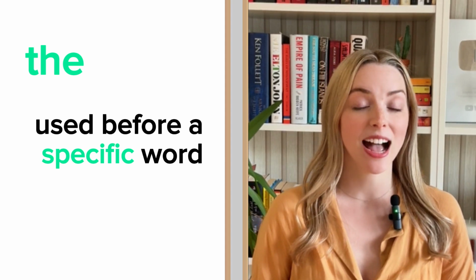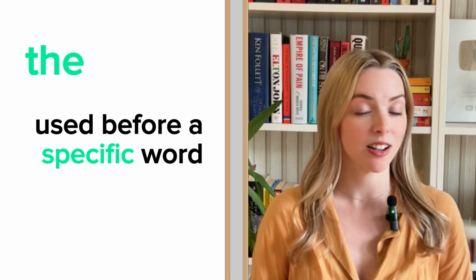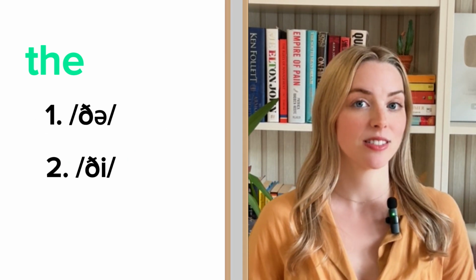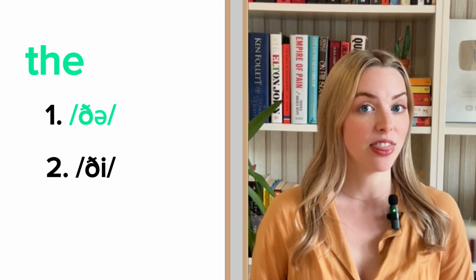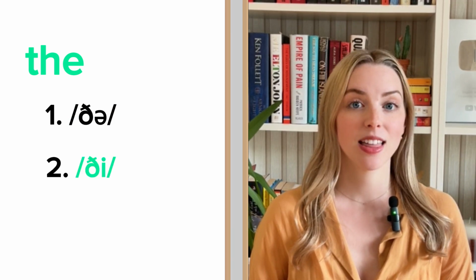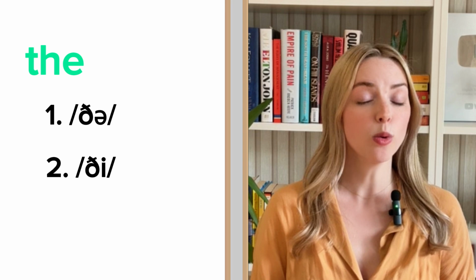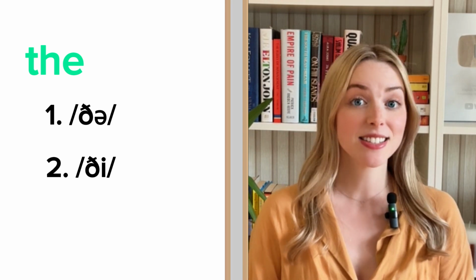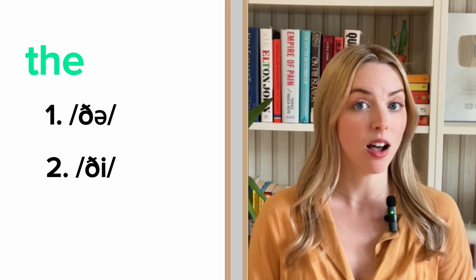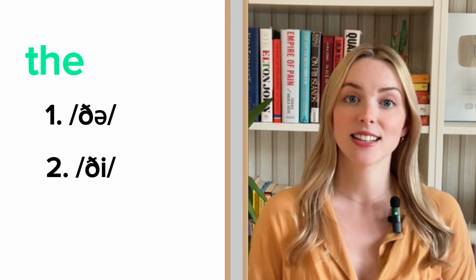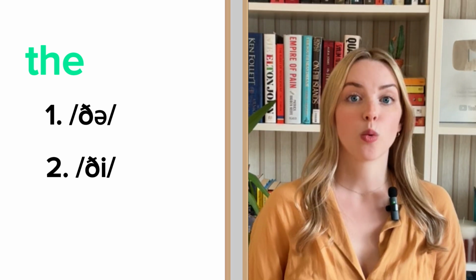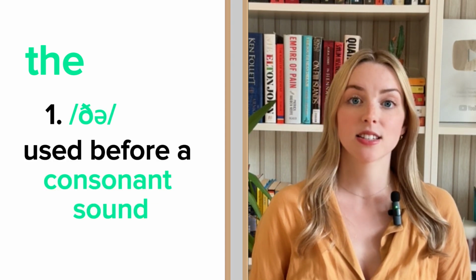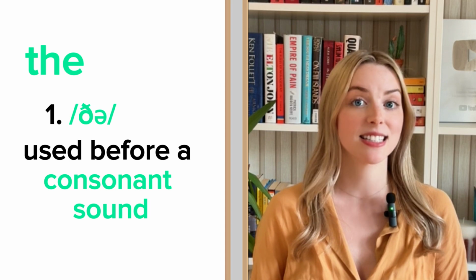Now, before I get into the function of the, there are actually two pronunciations of this word, the or the. And the rule for when we use which pronunciation is similar to when we use a or an, as I mentioned previously. We use the before words that start with a consonant sound.